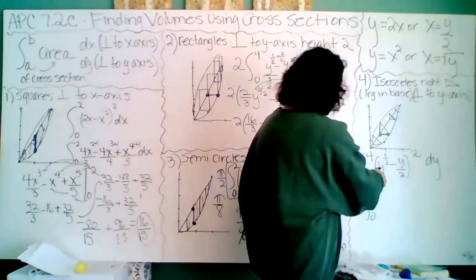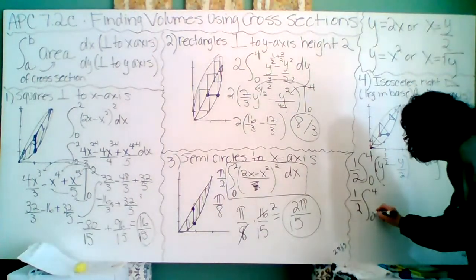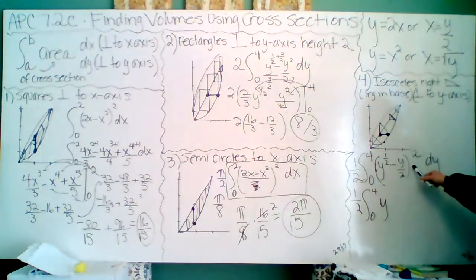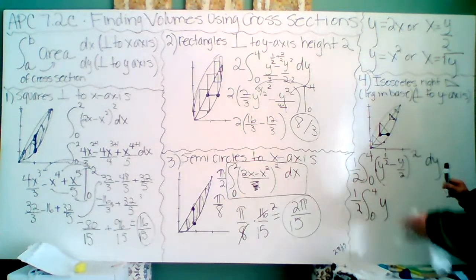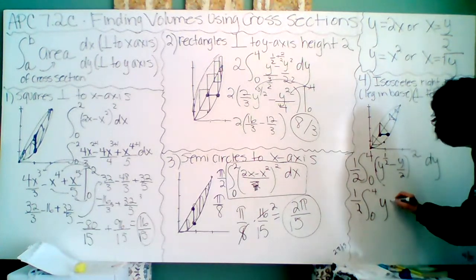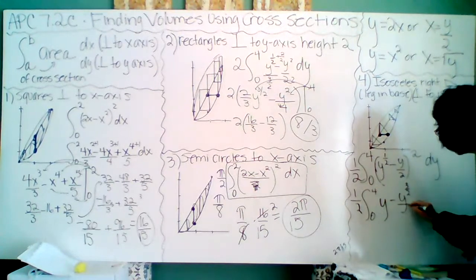When I multiply y to the 1/2 times itself, I will add the exponents and get a y. When I multiply on the outside, this is a y times a y to the 1/2. So I'll show the two pieces. So that would be minus y to the 3/2 over 2.